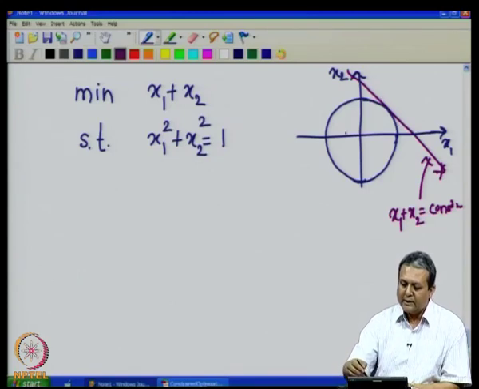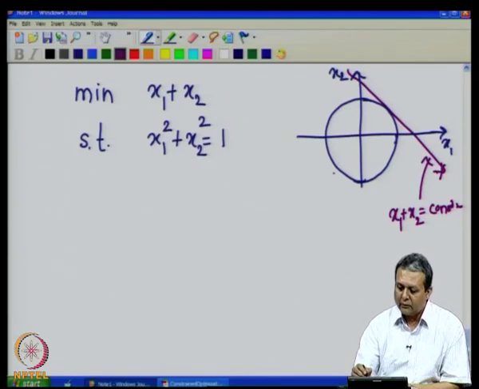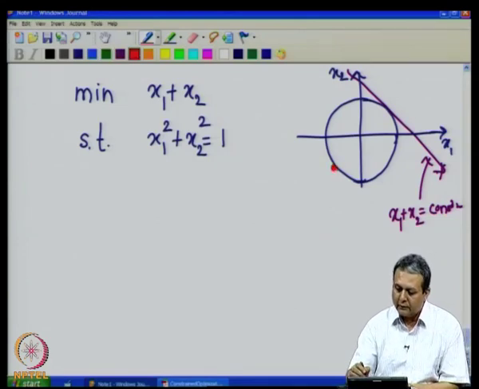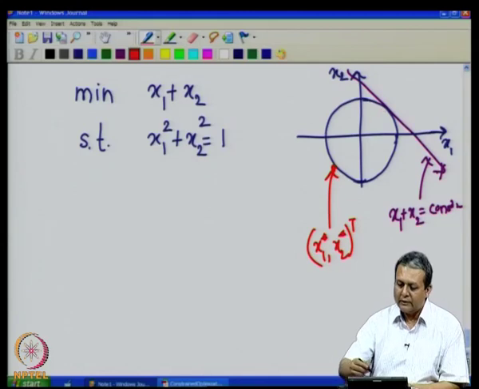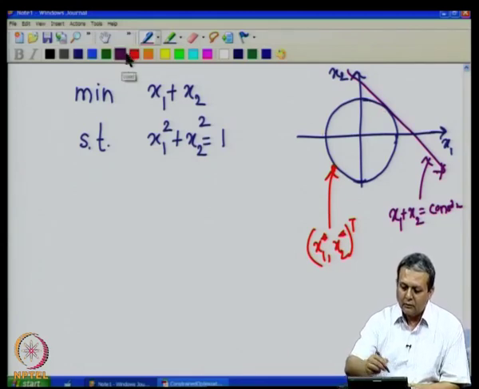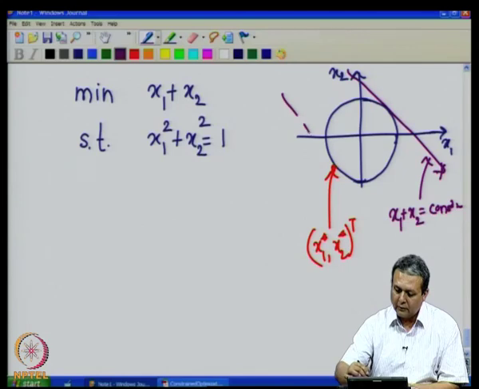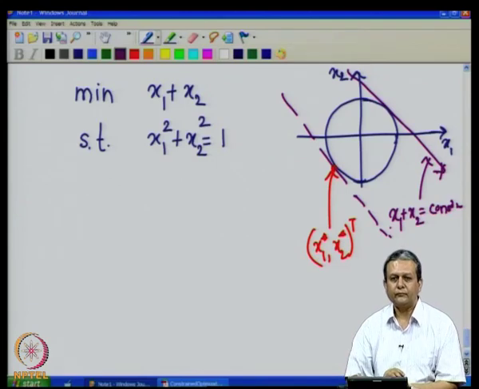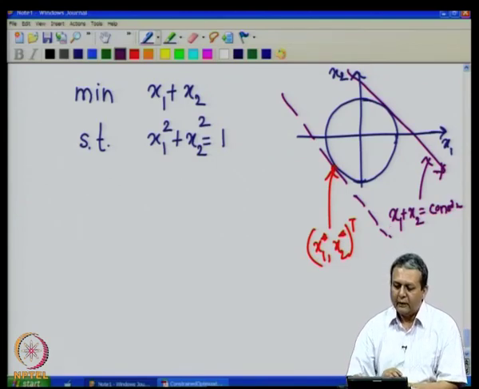So, you will see that the minimum is achieved at this point. This is x1 star, x2 star. So, this is the point at which the minimum is achieved, and this is our solution of this problem.